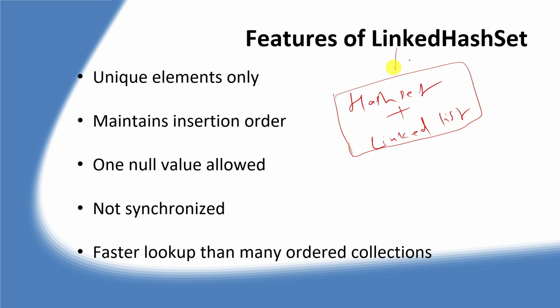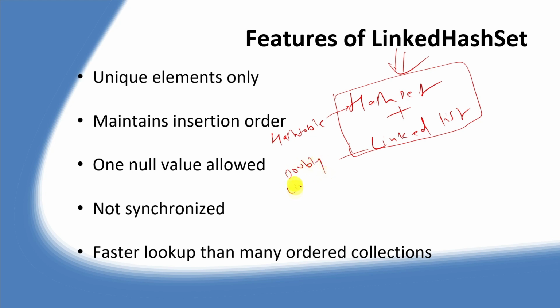HashSet, what data structure does it internally use? Hash table. Remember this point, this is an important point. Hash table is the internal data structure for HashSet, and linked list is one of the data structures. It can be singly or doubly linked.